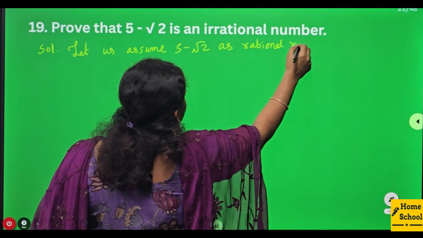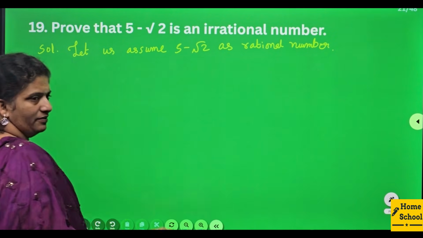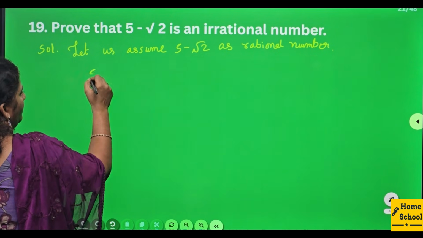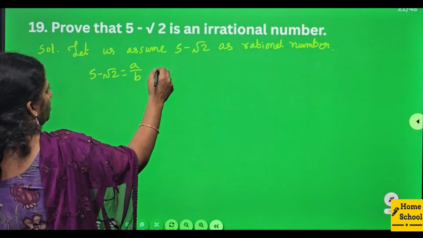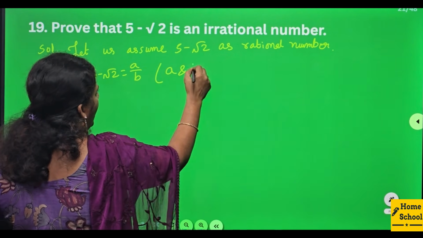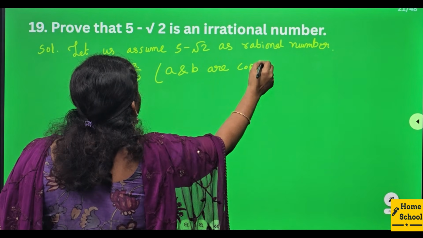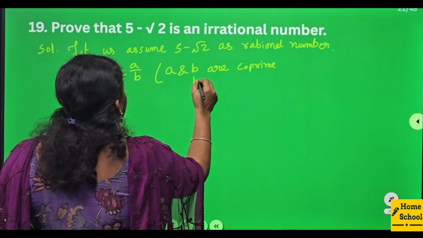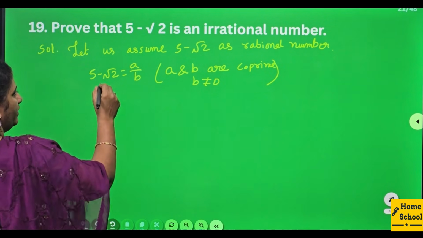We need to prove it as irrational, so let us assume it as a rational number. If it is rational, we are going to equate it to a by b, where a and b are co-prime and b is not equal to 0, right?